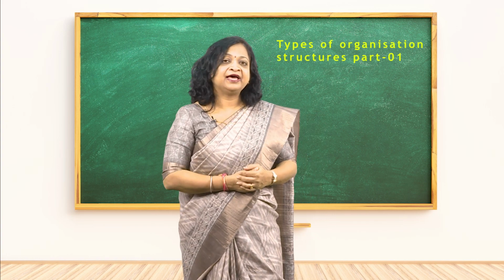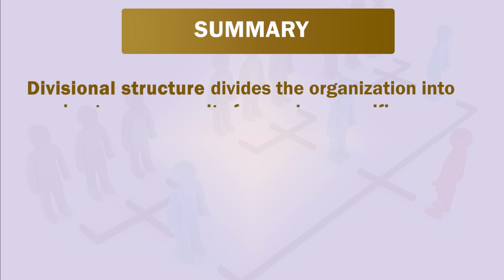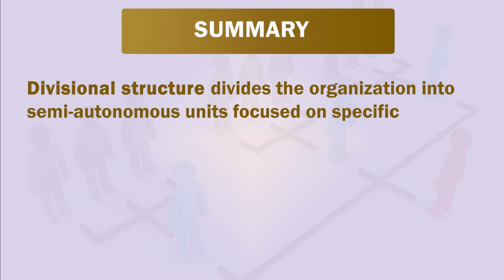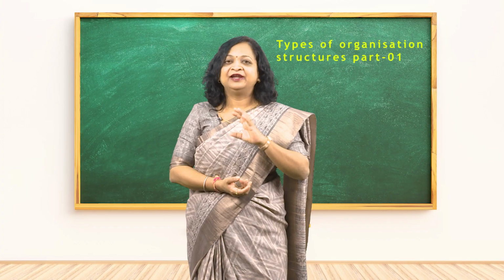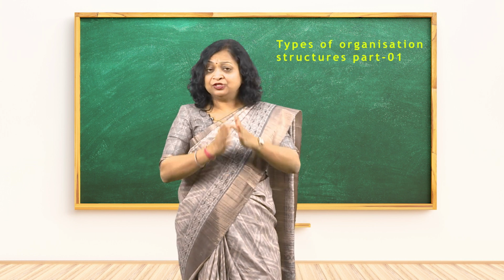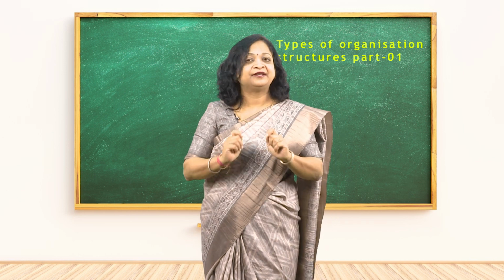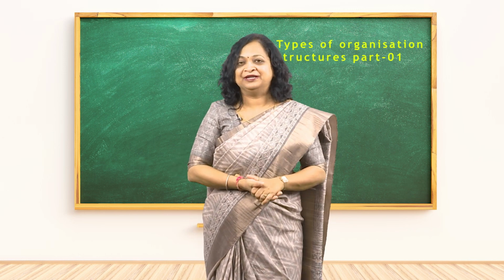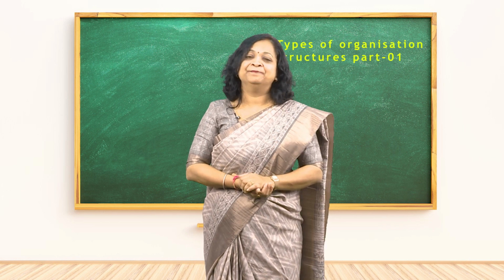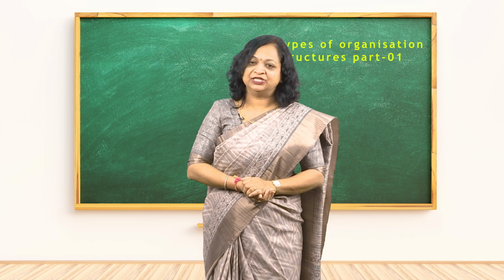In contrast to that, we have seen the divisional structure, which divides the organization into semi-autonomous units focused on a specific type of product or service or market, depending upon the organization. This approach generally allows each division to tailor its strategies to meet unique customer needs and demands, and it results in improved accountability and faster responses to market changes.